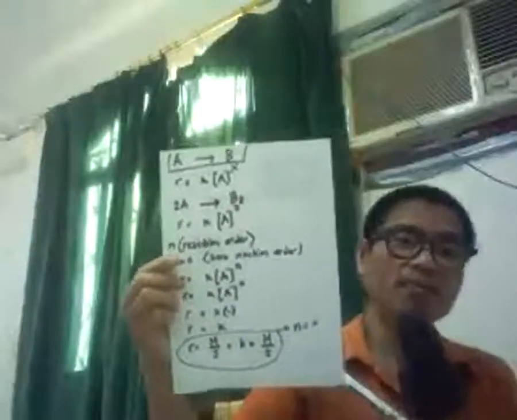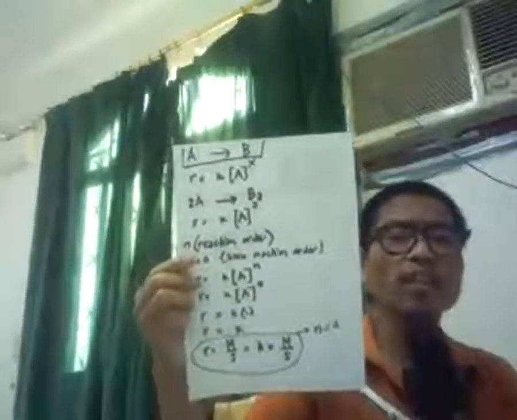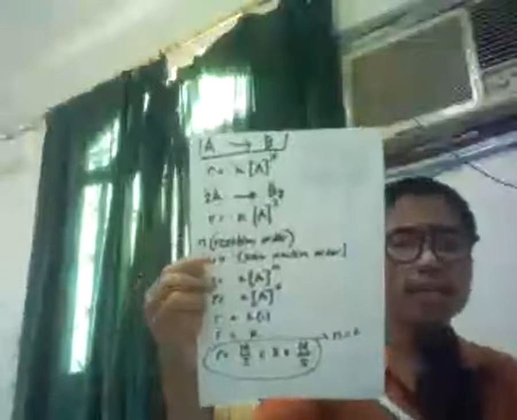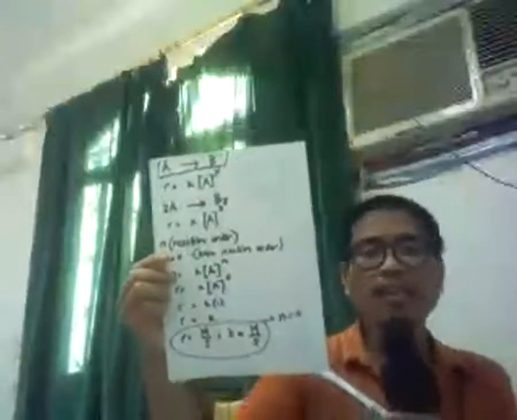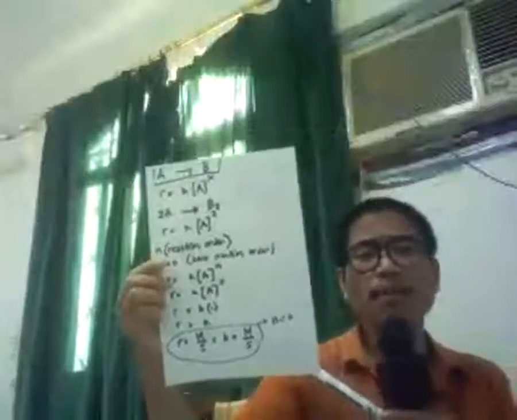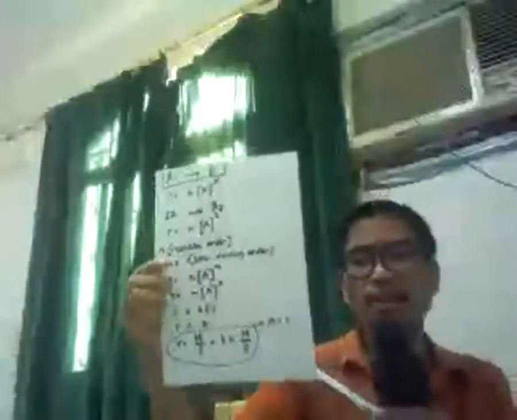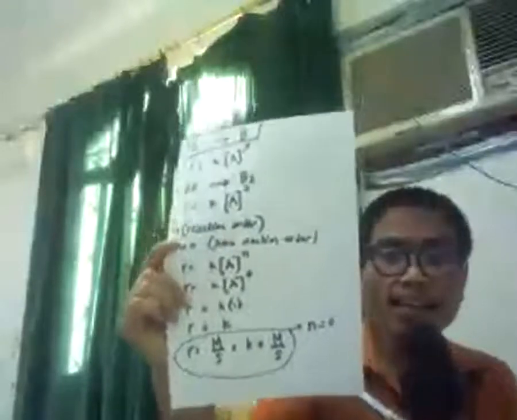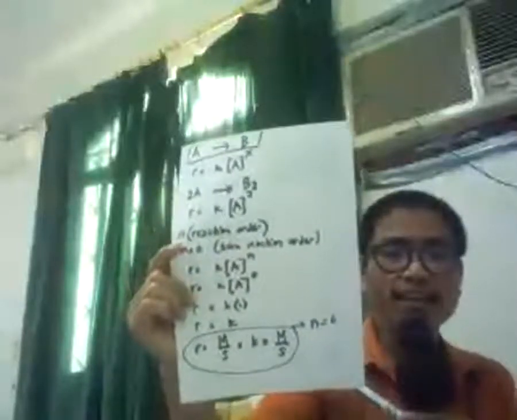Capital N naman siya. Okay, these are all expressions of concentration: the normality, the molarity, the molality. The molality is symbol small letter m. The normality, capital N. The molarity is capital M. That's why here, capital M per second. This is molarity. Okay?